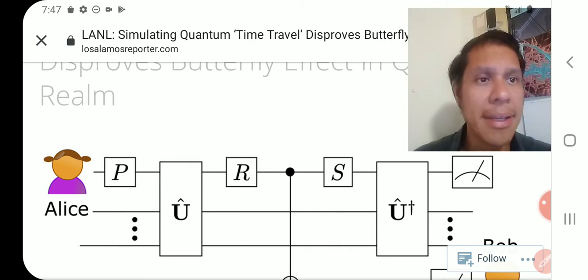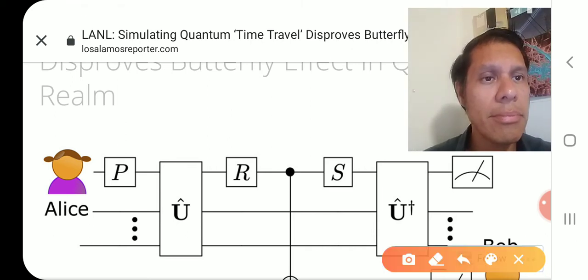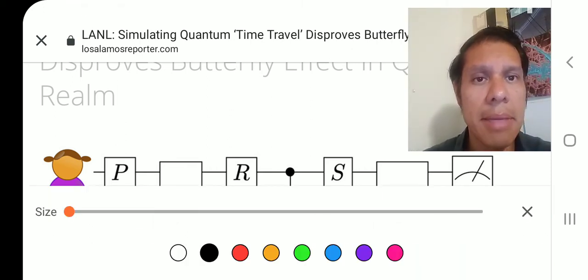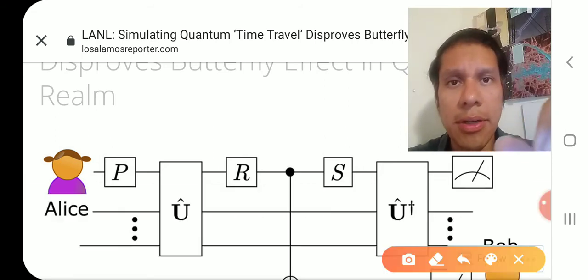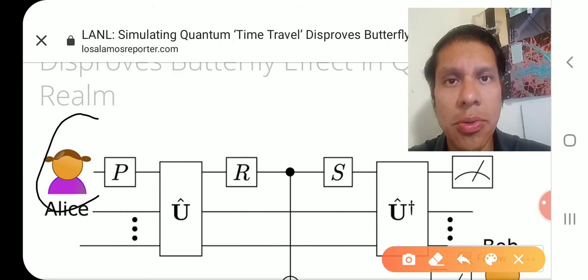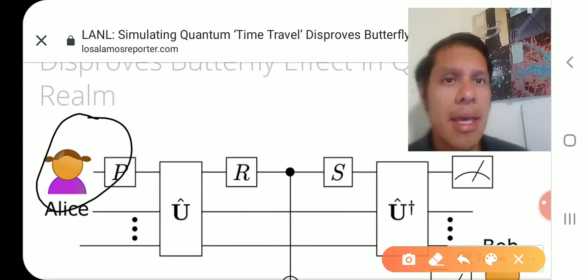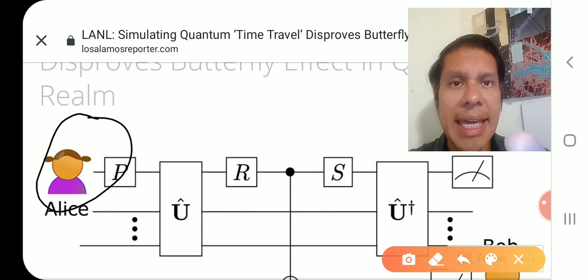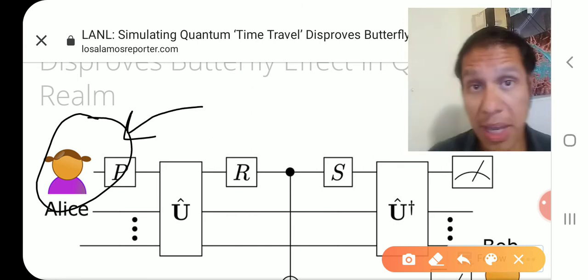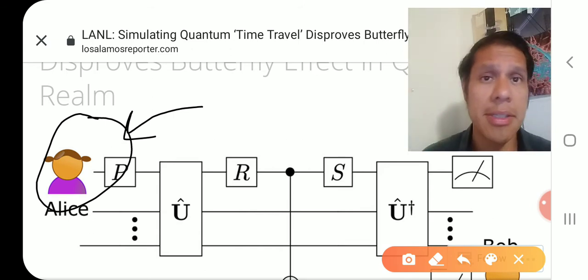As you can see, Alice, let me take my black pen. Here the information starts right there. And as you can see, there is a gate here, P, that's going to allow you to prepare the information that you are entering into the system.